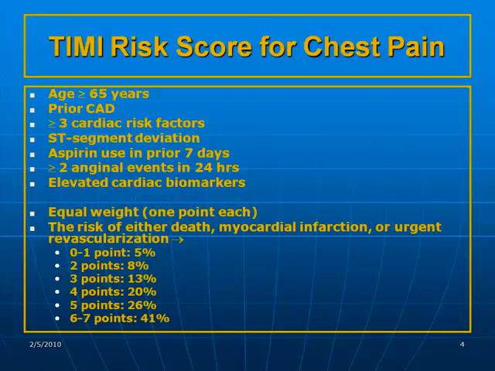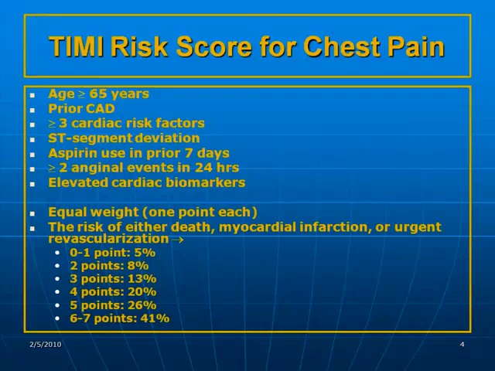At the bottom, you'll note that the TIMI risk score correlates with a percentage of risk of either dying, having a myocardial infarction, or requiring urgent revascularization. So the higher the number, the poorer the prognosis.